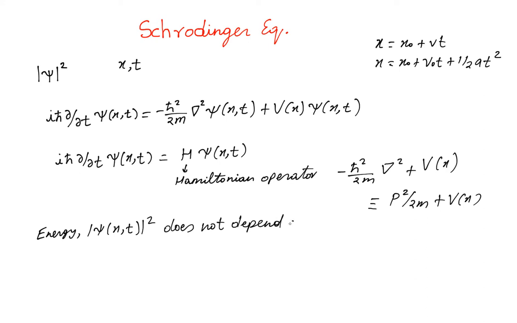We may have situations like these. For example, in the last class we took the example of a harmonic oscillator being in its ground state, then it's e to the minus i E0 t over h bar.